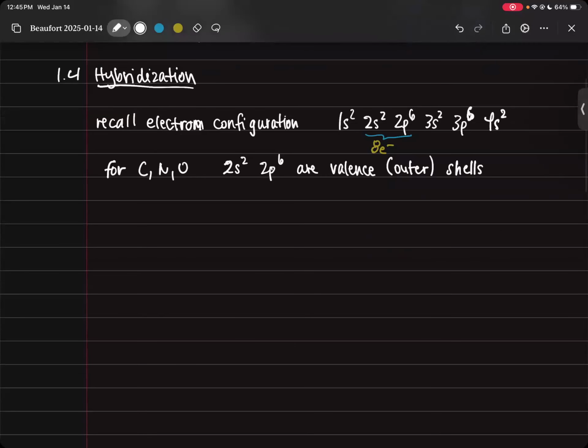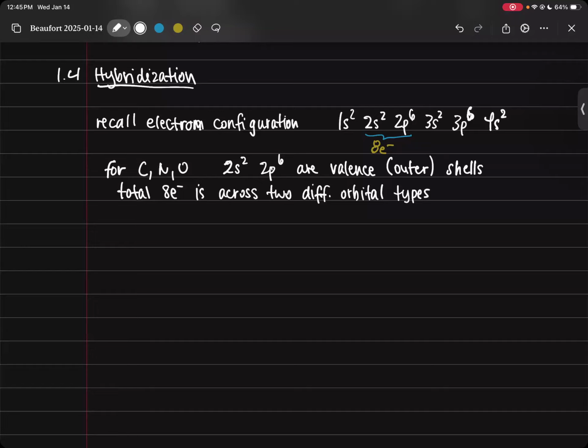One of the problems with this representation is that the total of 8 electrons is across 2 different types of orbitals, the 2s and the 2p. I don't know if you remember the shapes of the orbitals, but the s is like a sphere, and the p is sort of like a figure eight hourglass kind of shape.